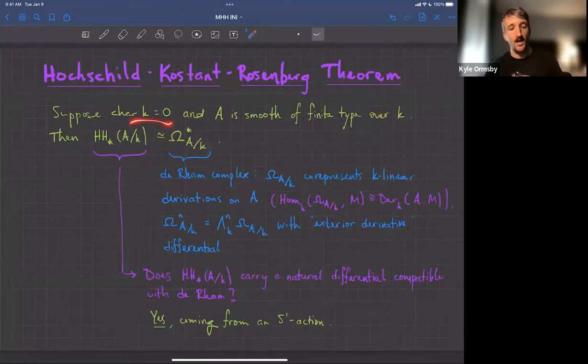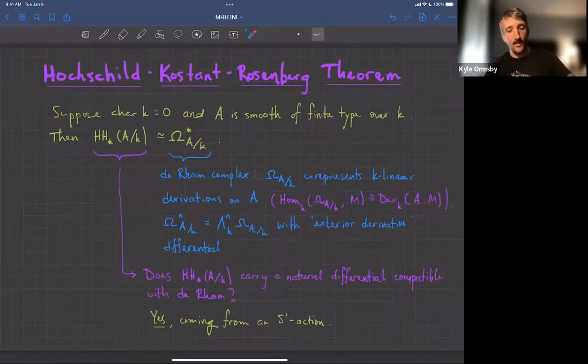We'll assume that K has characteristic 0 and that A is a smooth finite type K algebra. In that case, the Hochschild homology in degree n is the nth piece of the de Rham complex.